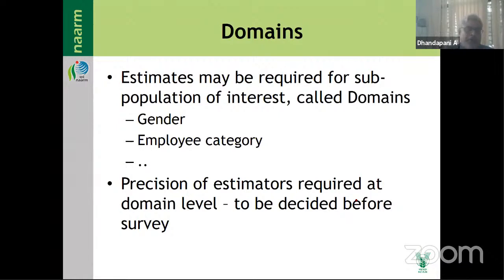So if you know already that these are the domains, then again people will say, okay, I need to estimate it with a certain level of precision at a subdomain level. In that case, for example, if you don't consider it, and you try to create an estimate for gender or employee category, it may be possible that 98% of your sample turned out to be male, and only 2% are female.